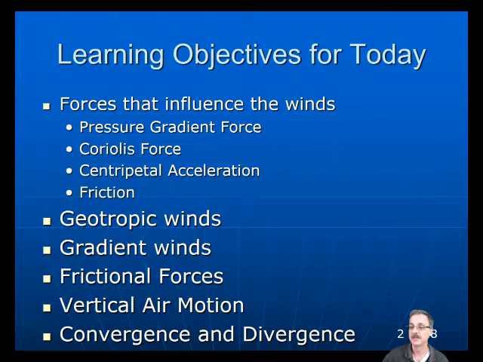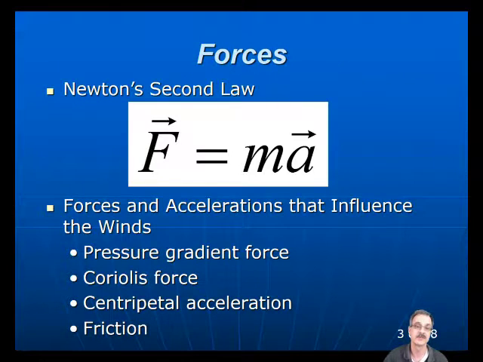So let's talk about force. All forces are controlled by an idea called Newton's second law, which states that a net force acting on an object should be equal to the mass of that object times the acceleration of the object. What is a force? A force is an interaction between two other objects.